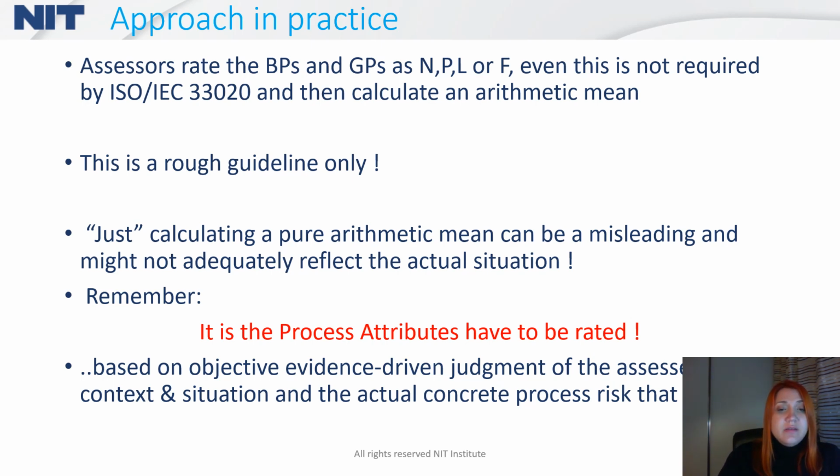It means that only process attributes have to be rated, and the scores can be given only based on objective evidence and objective judgments of the assessed context and situation and the actual concrete process risk that you can see. It means that basically the lead auditor is the one who can overrule the calculation of the arithmetic mean.